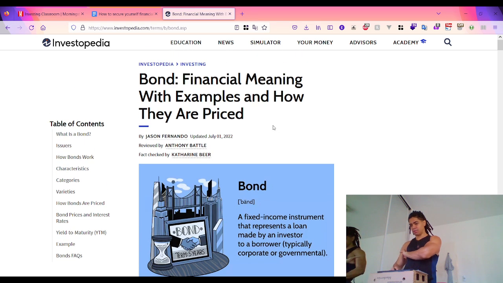So a bond is a loan by an investor to a borrower.